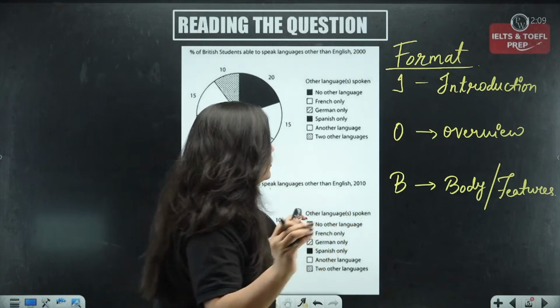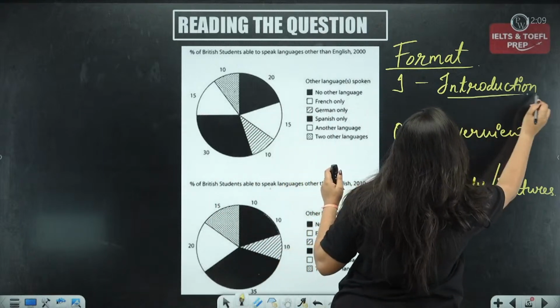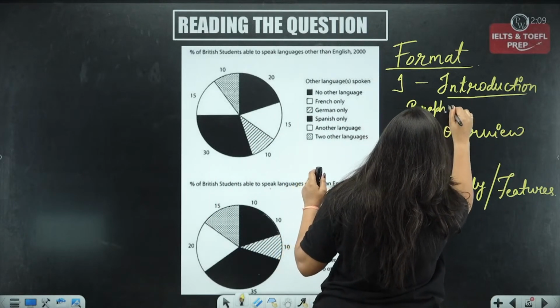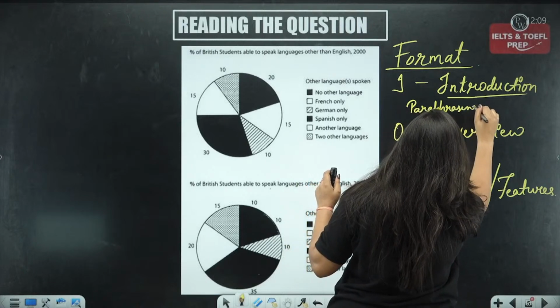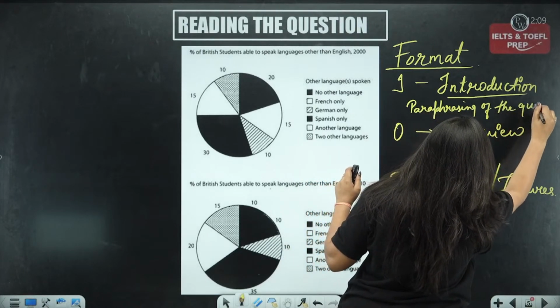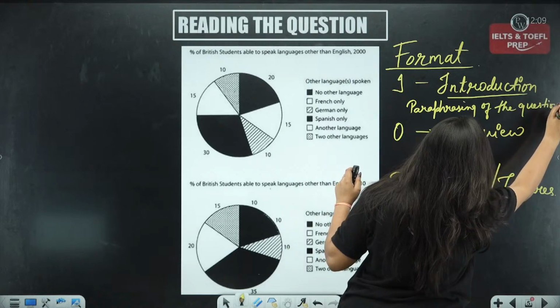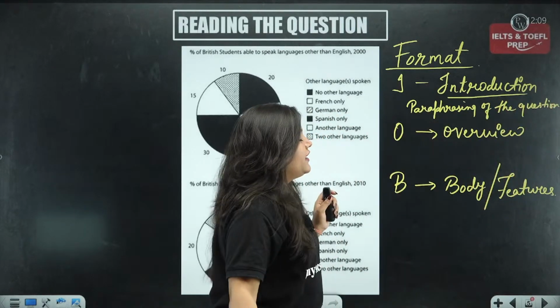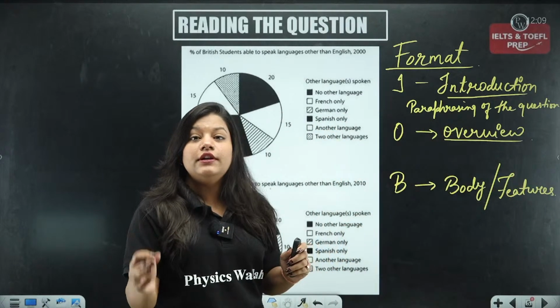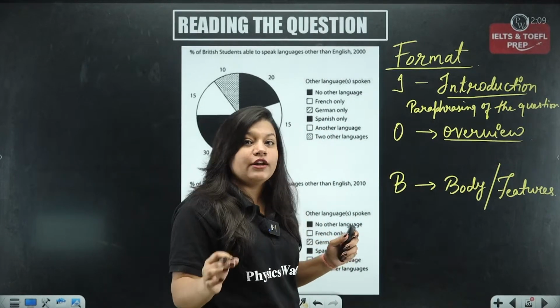So if I talk about the format, introduction is nothing but paraphrasing of the question, right? Now, the next one is overview. In order to write an overview, it's very important for you to be familiar with the diagram.